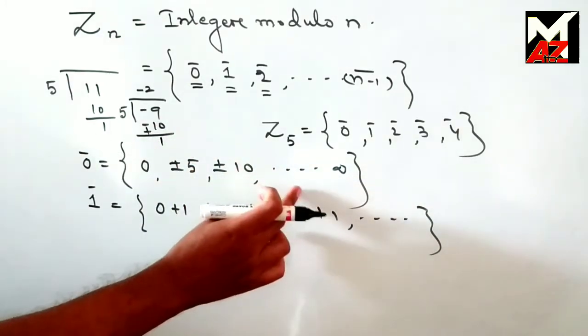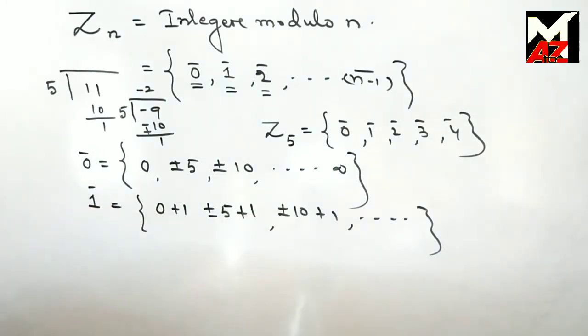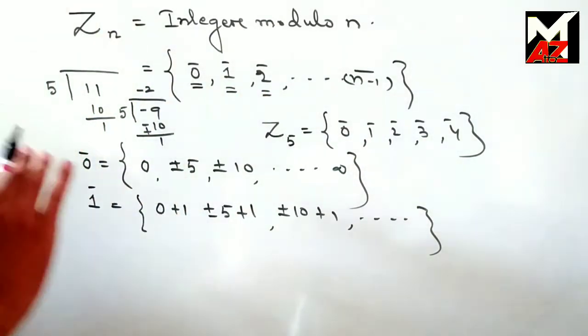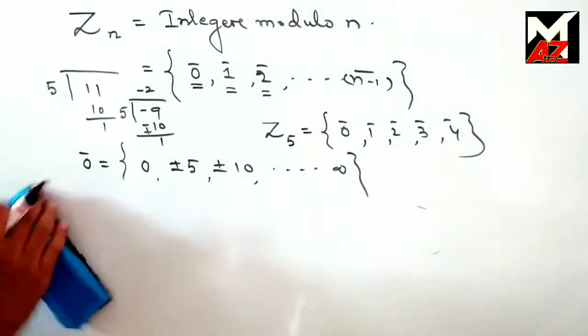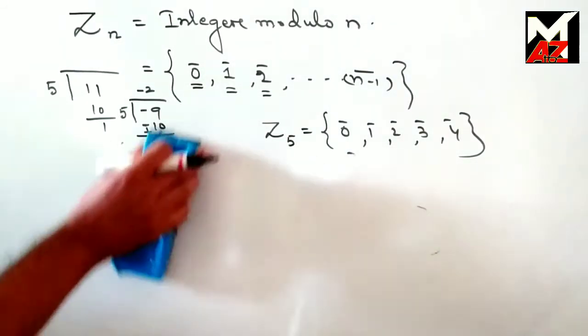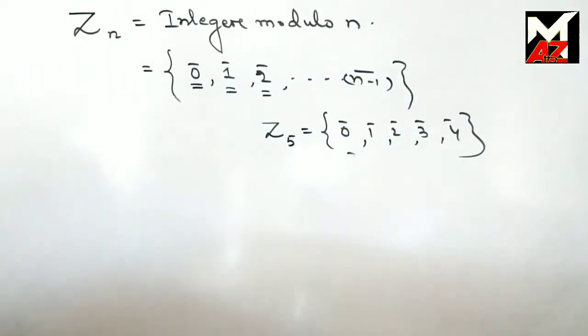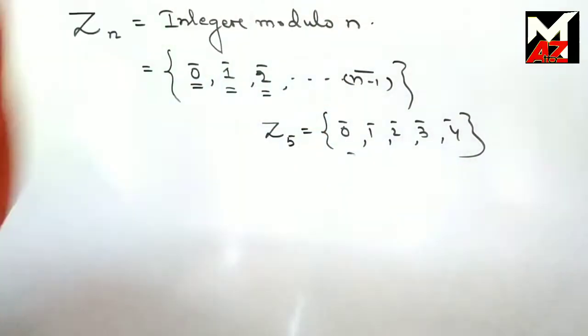So 11 and minus 9 both belong to the 1 class. Clear? So our concept of Z5 or Zn is clear. And here all the elements form a class, and we know that these are all the equivalence classes: the 0 class, the 1 class, the 2 class, and the n minus 1 class.